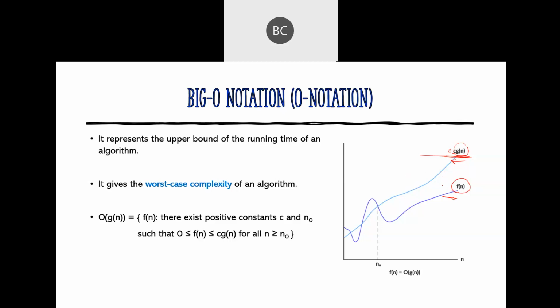Here n is the input size, and n naught is any random input size which should be less than your main input size. Suppose, for example, you have 20 items in your data structure and you need to sort those 20 items, and I'm giving you 5 minutes.